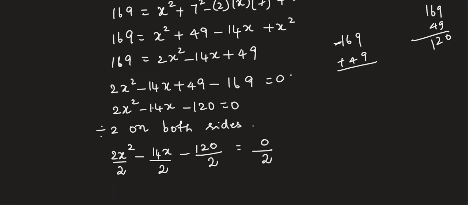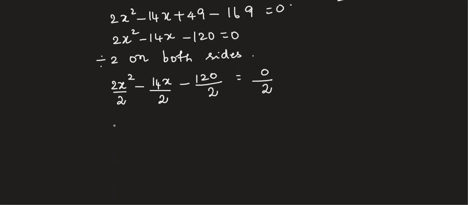We are dividing the entire thing, both the left side and the right side, by 2, so the 2 will get cancelled. Now we'll have x square minus 7x minus 60 is equal to 0, since 0 divided by 2 is 0 only. Now we'll have to find two numbers whose sum, I'll just write it here.